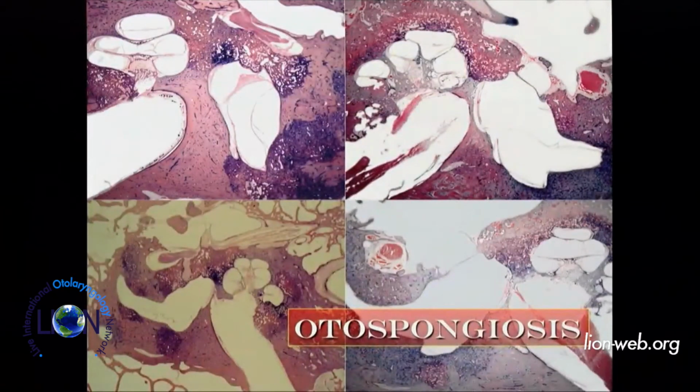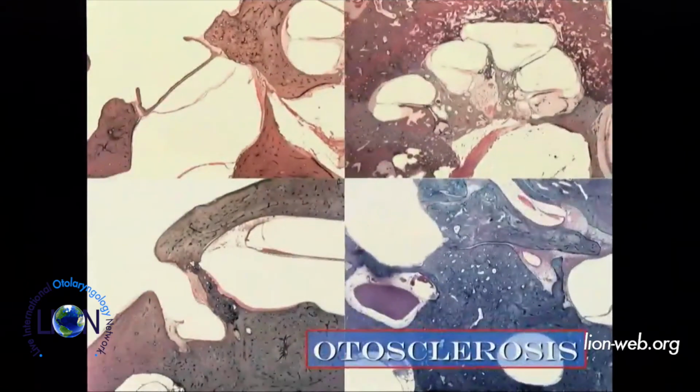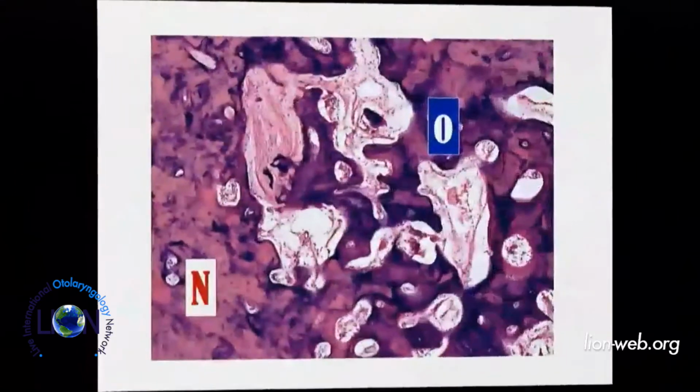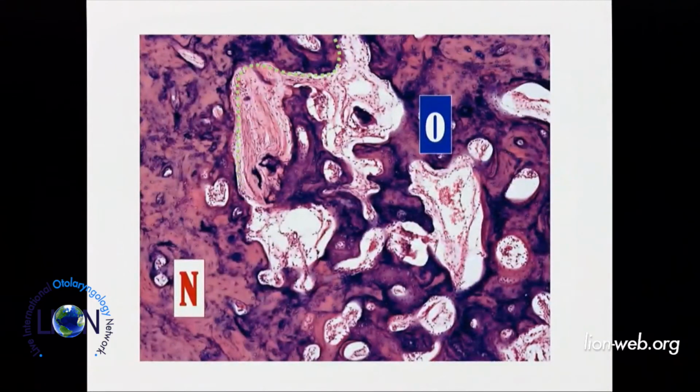Here we have very immature otosclerosis around the cochlea and the oval window. And here, a dense bone. So here is the otosclerosis phase of the process. Here you can see the difference between the normal bone here and the otosclerotic bone with vascular channels here.